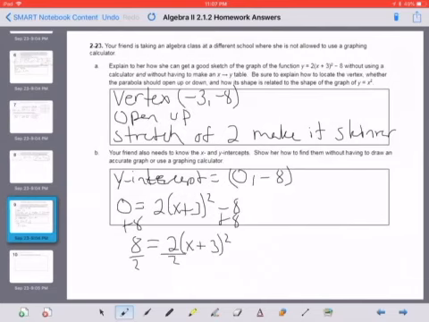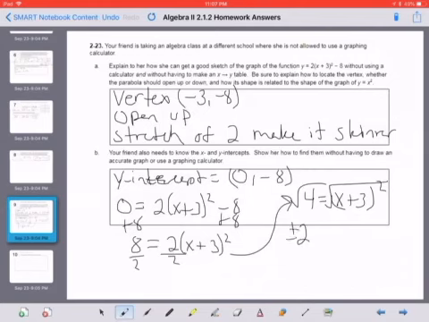So we end up getting 4 equals (x plus 3) squared. Now we can use our square root property. We get plus or minus 2 equals x plus 3. So subtract 3. So now I have -3 plus 2, or -3 minus 2. So I know my intercepts are (-1, 0).